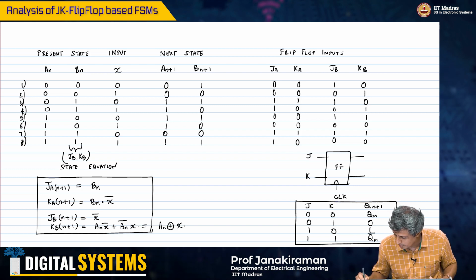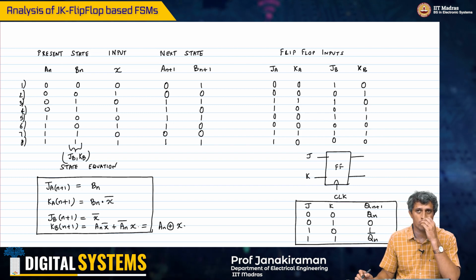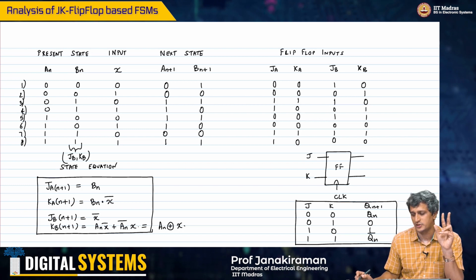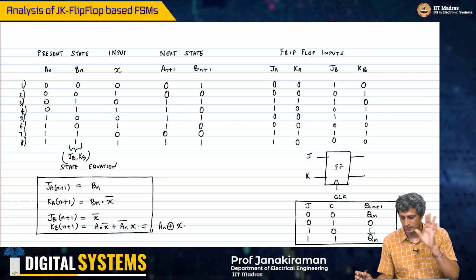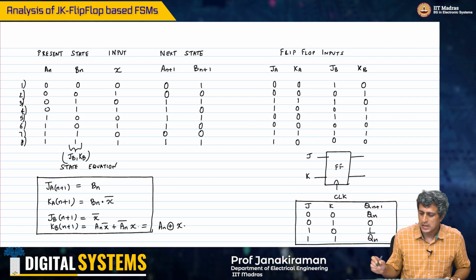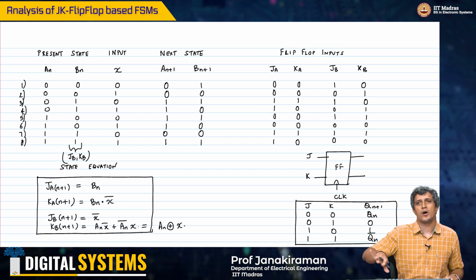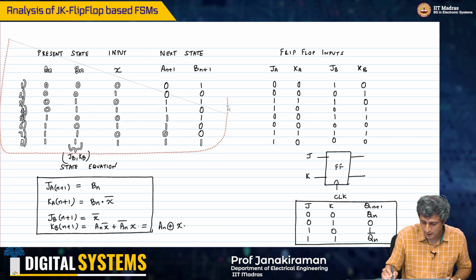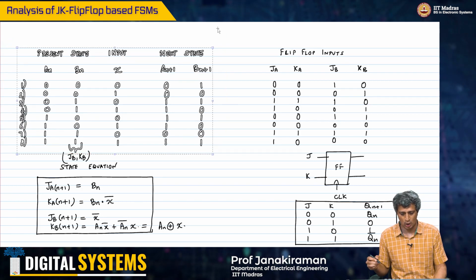A similar thing will be the case with a T flip flop as well, where you have to make sure that you are either retaining the state or complementing the state. So that's something that you have to watch out for. Now I don't have to worry about this flip flop input case, because all I need is this particular state table. I don't care about anything else beyond this.